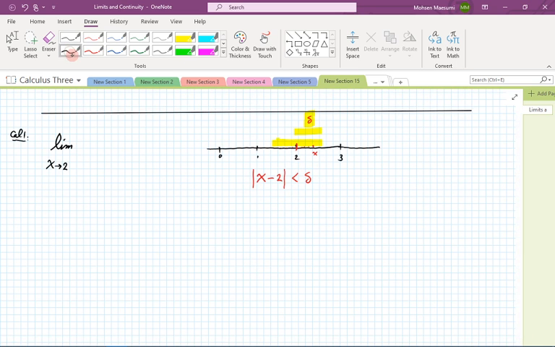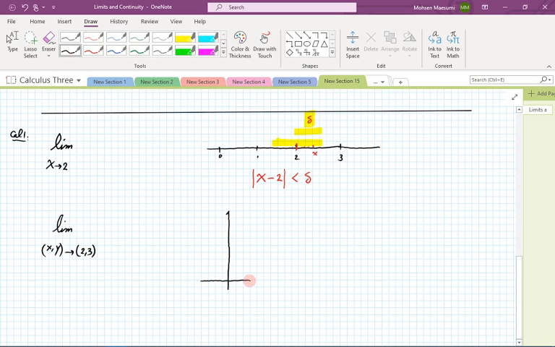Now we want to do something similar to this in a higher dimension, like in 2 dimensions. So now I have the limit of, suppose I say x and y coming close to 2 and 3. What could I mean by that? So similar idea, just the picture is in higher dimension.